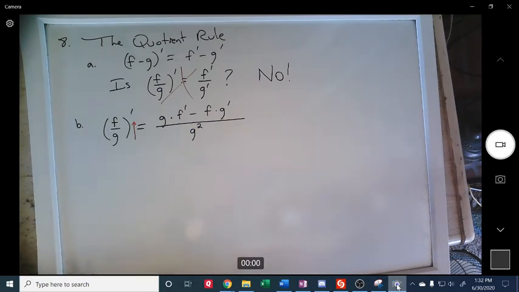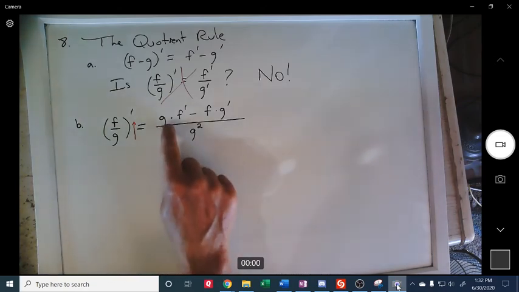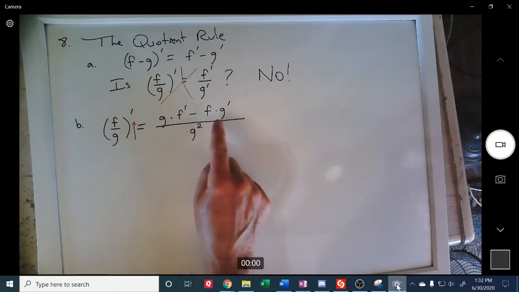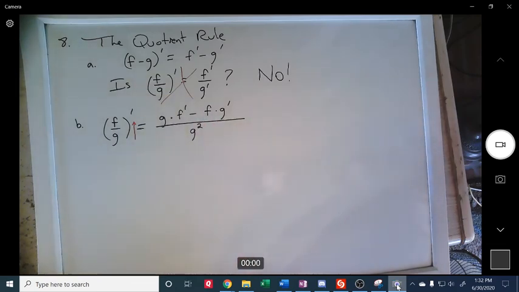It has a little bit of similarities to the product rule. Kind of looks like the product rule on the top. One times the derivative of the other, and back and forth. But it has a minus sign instead of a plus sign. And it starts with g instead of starting with f. And then it also has this divided by g squared at the bottom. It's crazy.